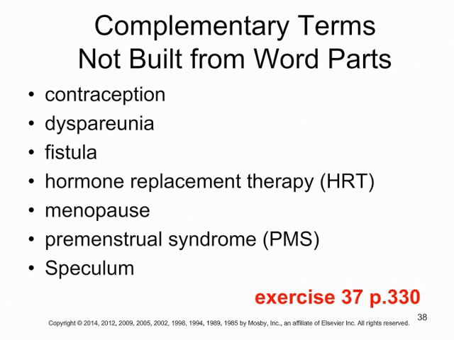Menopause is, from word parts, meno meaning menstruation, but it is where the female stops having menstruation. This is usually somewhere between 48 and 53, but it could be earlier or later. And usually if someone has their ovaries removed, then it could start earlier. And it's associated with lower hormones, which is why hormone replacement therapy is often recommended as well.